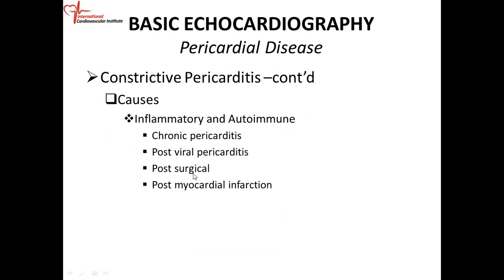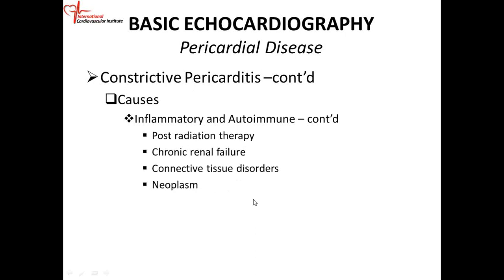A big cause now is post-surgical. So once you have to do any type of surgical procedures on the heart, you can get pericardial effusion, and if there's blood mixed with that, then it can become fibrotic and calcified. You can get constrictive pericarditis. Also post myocardial infarction with so-called Dressler's syndrome.